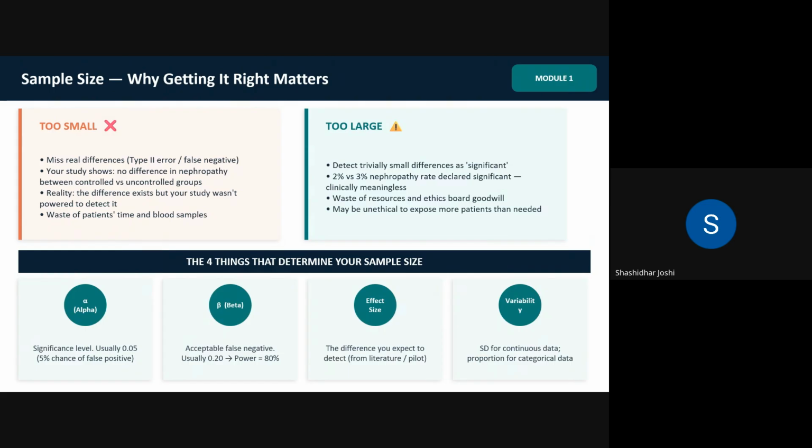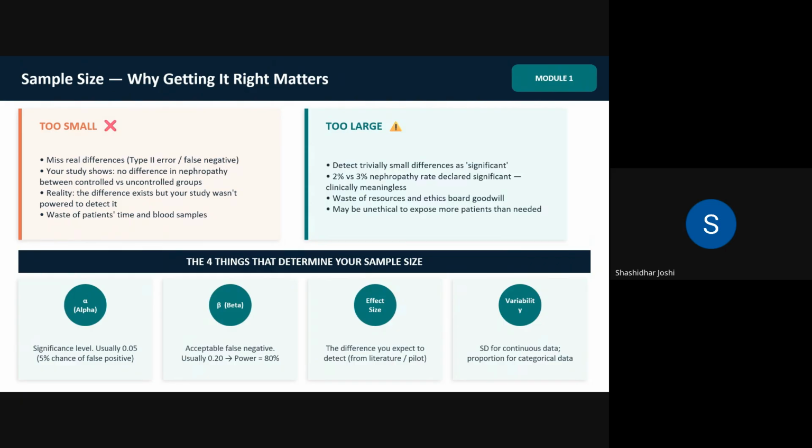Beta, what is beta? Beta is nothing but you are missing the real difference. You are not able to prove that there is a difference between two groups, that is controlled and uncontrolled. That error is called beta, usually set as 20%, 0.20.